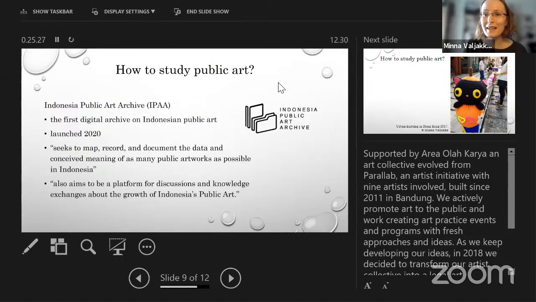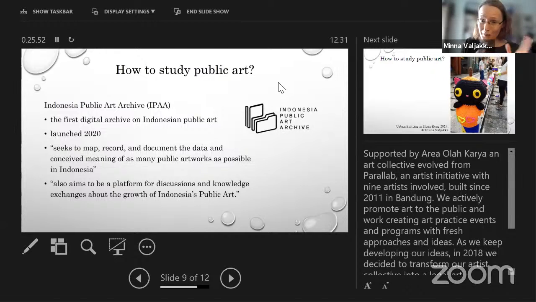It was launched at the end of last year. It looks fascinating. As they write in English on their website, the Indonesian Public Art Archive seeks to map, record, and document the data and conceived meaning of as many public artworks as possible in Indonesia. This is a wonderful project, and I really hope that this will work out.